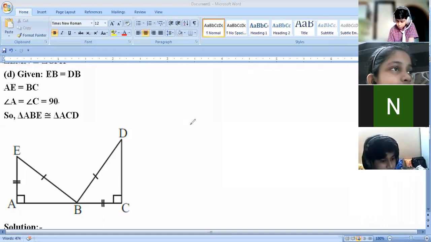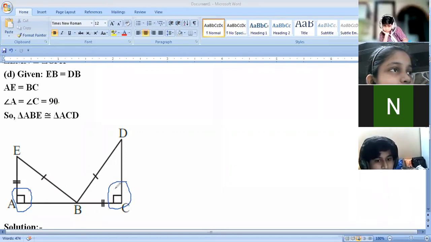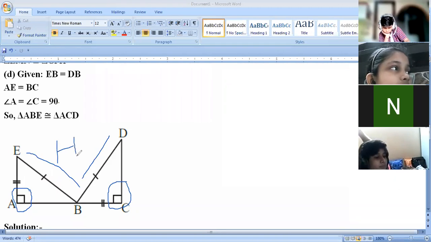Okay, fine. Beta, this right angle and this right angle are equal. And you have learned in the previous exercise that the side opposite to the right angle is called the hypotenuse. So here also in this question it is given EB and DB, this EB side is equal to DB side. So this will be your hypotenuse. Right?